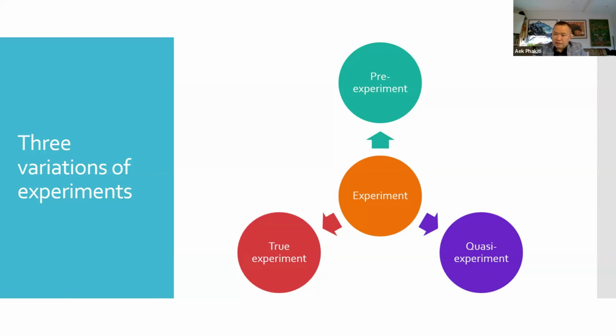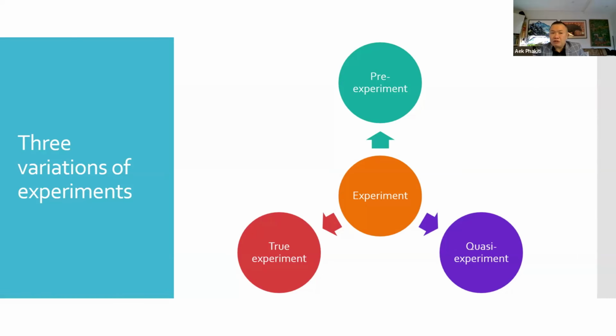Pre-experiment: a very good example is when you don't have a pre-test and you don't have a control group. You just give a treatment in that classroom, and then you observe their outcome in the end, like the final exams. In some way, it captures the idea of action research, like I mentioned before.